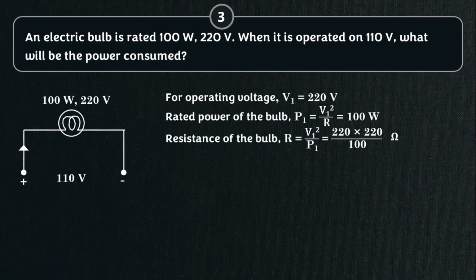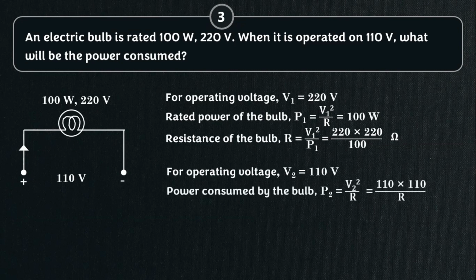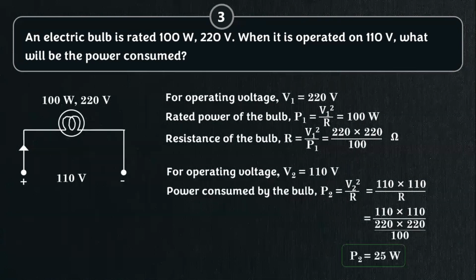Now let's see the operating voltage V2 is equal to 110 volt. Power consumed will be V2 square divided by R. That is 110 into 110 divided by resistance of the bulb. By substituting the values, we will get the power consumed by the bulb on 110 volt is 25 watts.